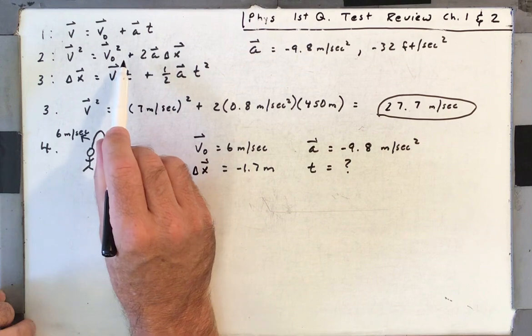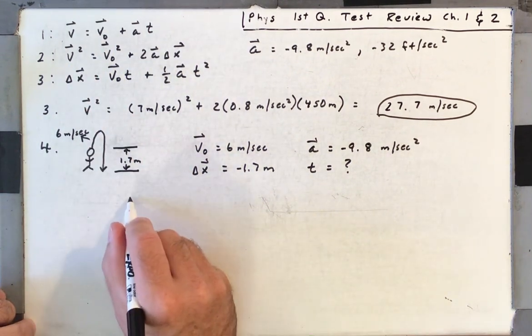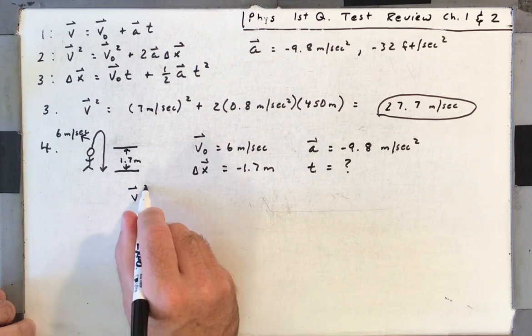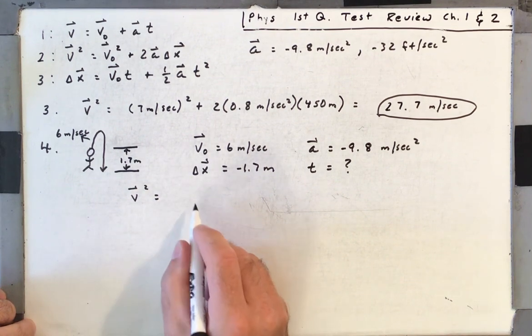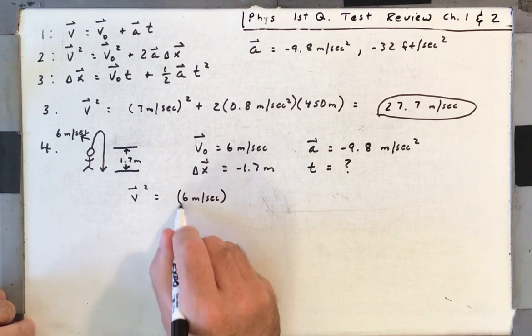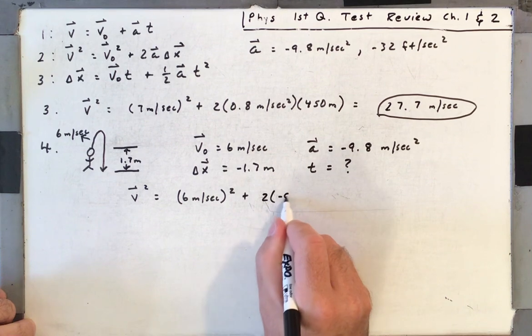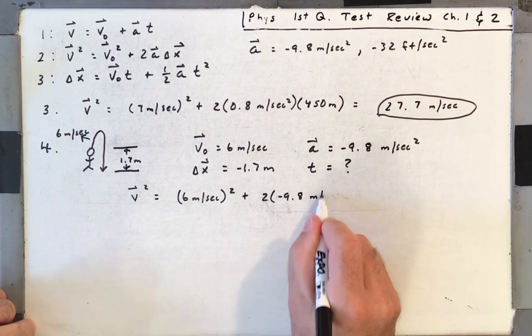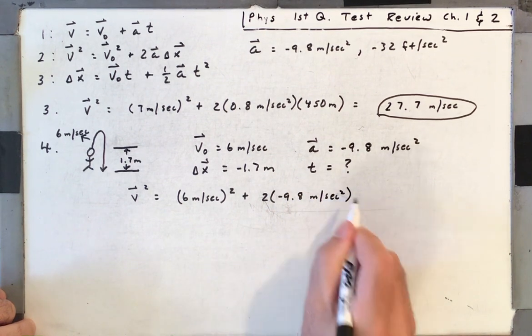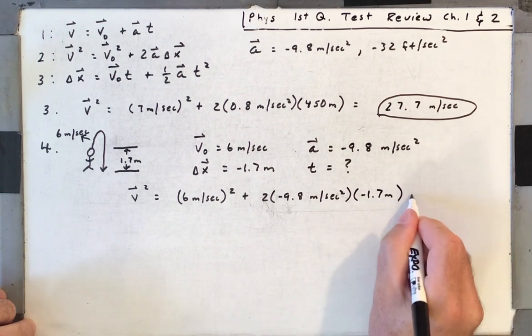So we could use formula 2 to find the final velocity and then use formula 1 to find time. So final velocity squared is equal to the initial velocity, 6 meters per second, squared, plus 2 times negative 9.8 times negative 1.7 meters.